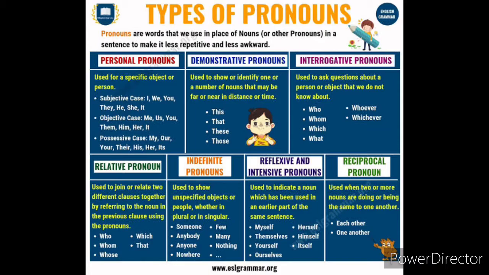Look at the relative pronoun. Relative pronouns are used to join two different clauses together by referring to the noun in the previous clause. Relative pronoun words are who, whom, whose, which, that, etc. So these are all known as relative pronouns, children.